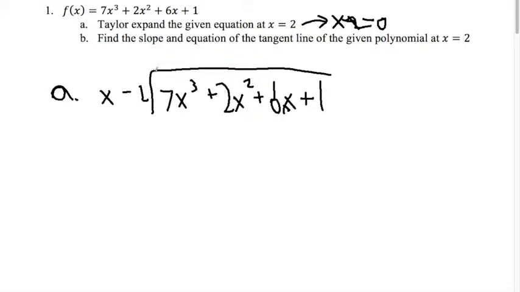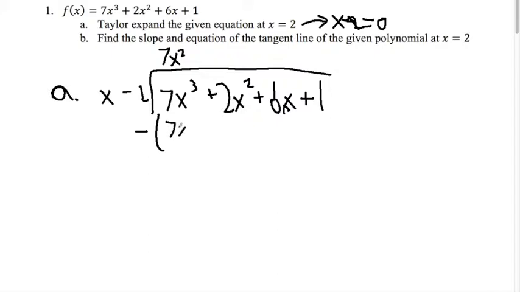So the first step to this problem would be to find out how many times x goes into 7x cubed, because you would divide the value we get by x minus 2 and subtract that from this whole equation. So we know that 7x squared times x would make 7x cubed. So therefore, the first value up here is 7x squared. So 7x squared times x minus 2 would give you 7x cubed minus 14x squared, and we would subtract that.